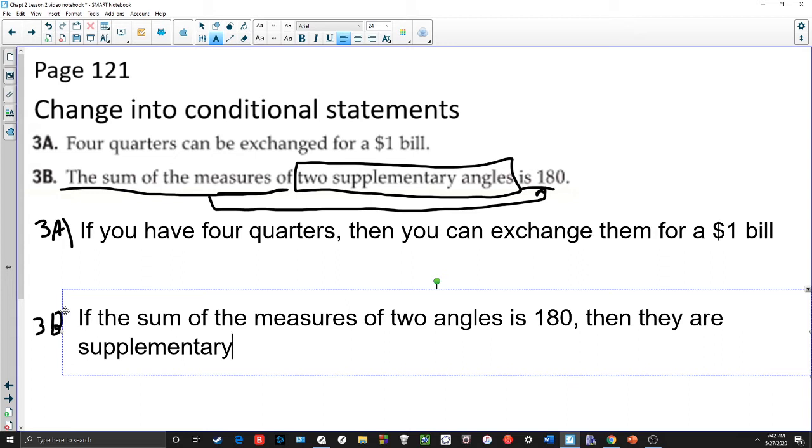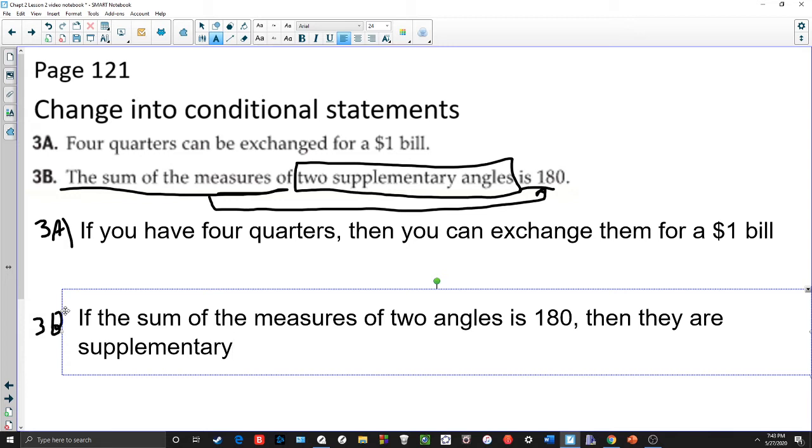This one required a little bit more movement than the first one, which can be split down the middle. This one required you to take the idea as a whole and see that you had two things here. You have angles adding up to 180, and then you have angles being classified as supplementary. Those were your two concepts, and you can put them in an if-then form. And you can reverse these, by the way. For 3b, I could say if two angles are supplementary, then the sum of the measures is 180.